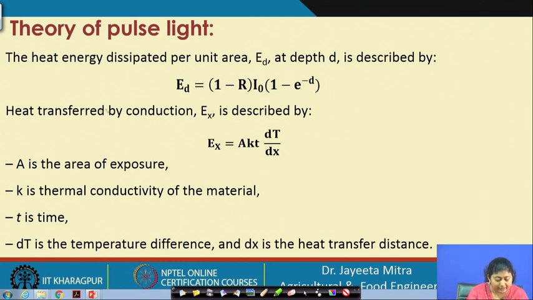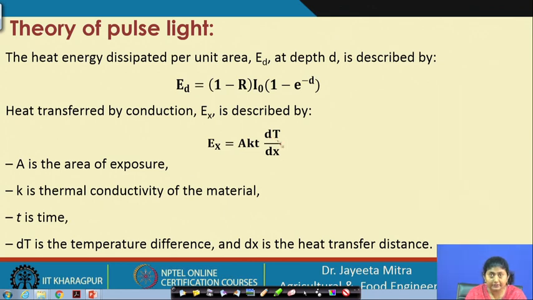Heat transferred by conduction E x is described by E x equals A, the area of the exposure, into K, the thermal conductivity of the material, and t, which is time, into dT by dx.